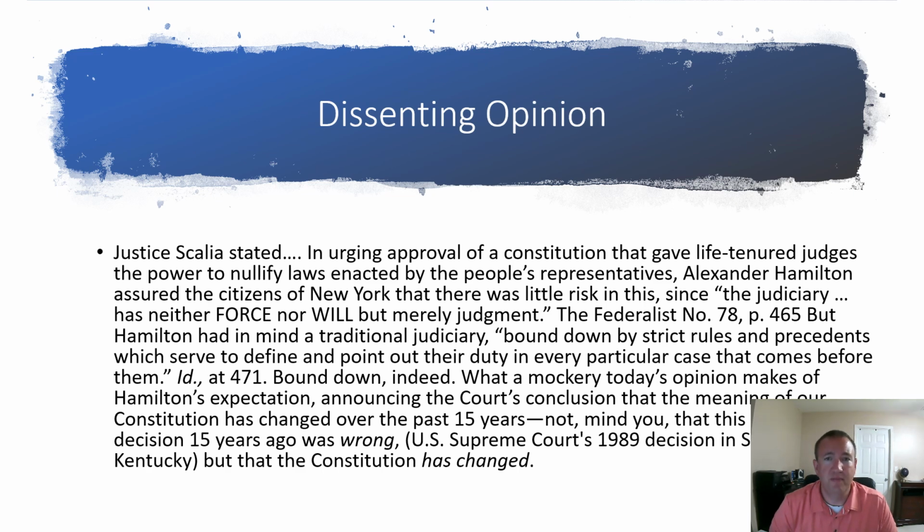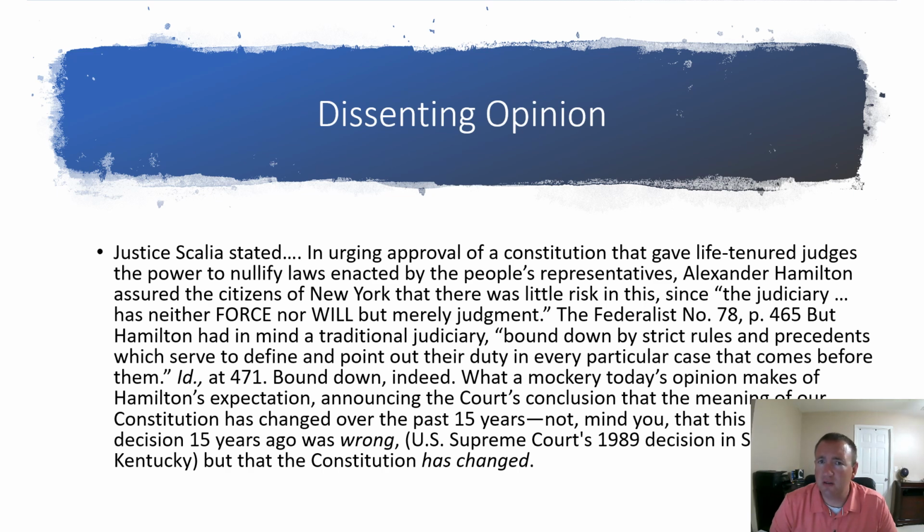Not, mind you, that its decision 15 years ago was wrong, but simply that the meaning of the word has changed." He's referring to the 1989 decision in Stanford versus Kentucky, which ruled that the death penalty of a minor was not unconstitutional. Well, he's saying that 15 years later, for the meaning of the word cruel to have changed is absurd. The justices should not be able to determine what a word means, but it should mean what it meant the day it was written in 1791.